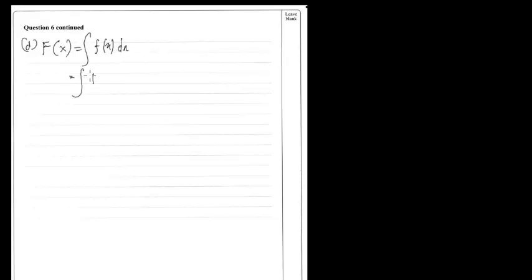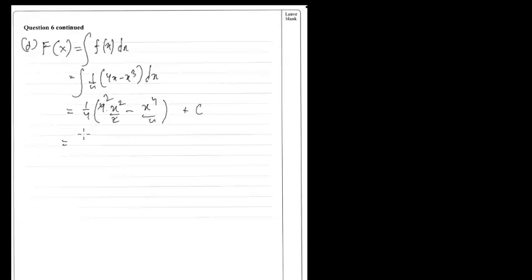So integration of f(x) is k, which is 1 by 4, and this is 4x minus x cubed dx. That means we can keep the 1 by 4 here, and the integration of this is 4 x squared by 2 minus integration of x cubed is x to the power 4 by 4, and we have a plus c here.